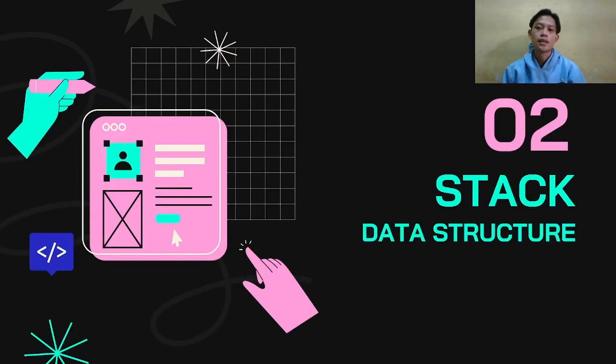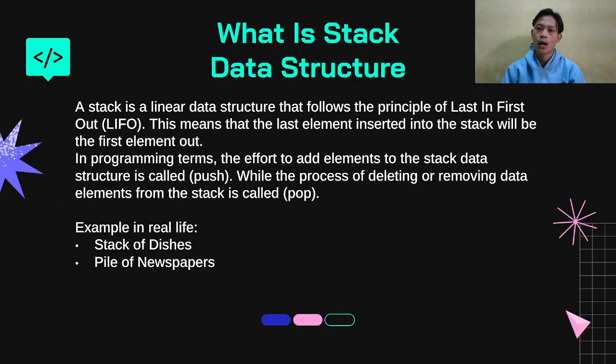Okay, next, the second is stack data structure. What is stack data structure? A stack is a linear data structure that follows the principle of last in, first out, LIFO.